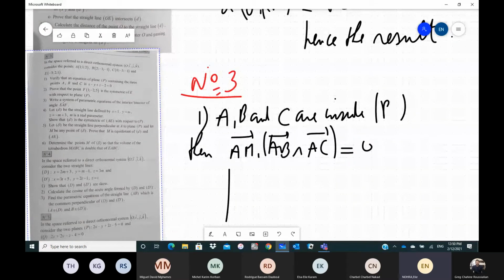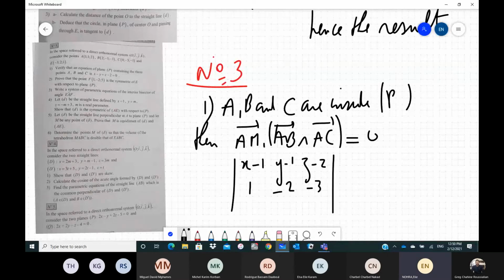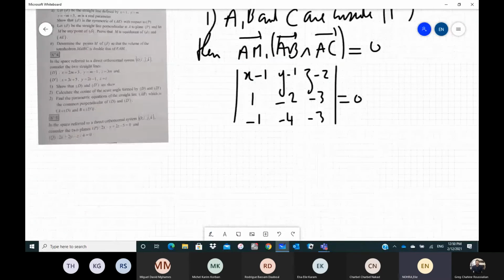So AM معنا كلهم معنا البوينتس A و B و C. يعني ال AM تطلع X minus 1, Y minus 1 و Z minus 2. ال AB كمان معنا يوم بالاكسرسايز يعني 1, minus 2, minus 3 و AC it's minus 1, minus 4, minus 3 equal to 0.